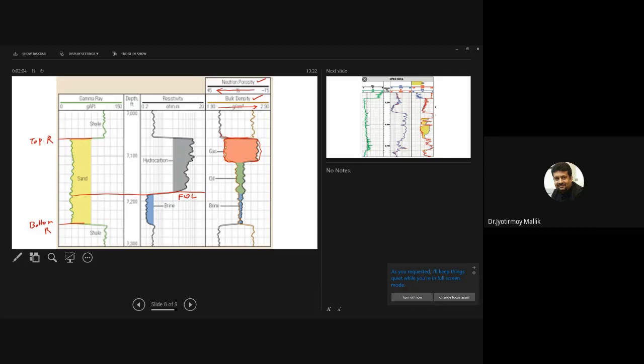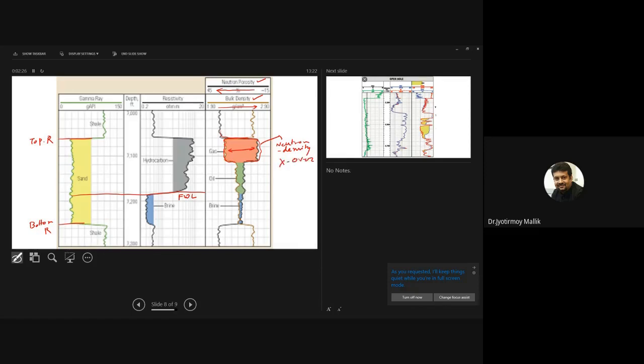And then there is quite a flat separation. This is what we call neutron density crossover.